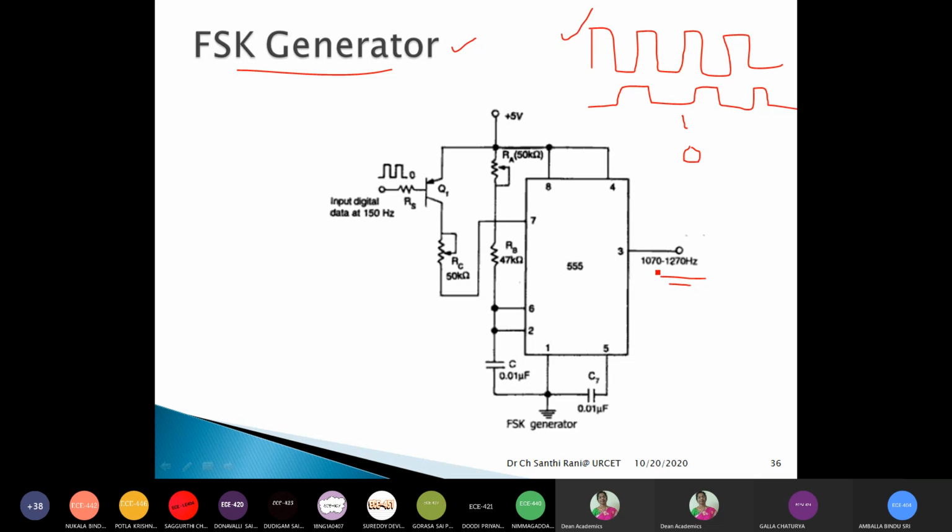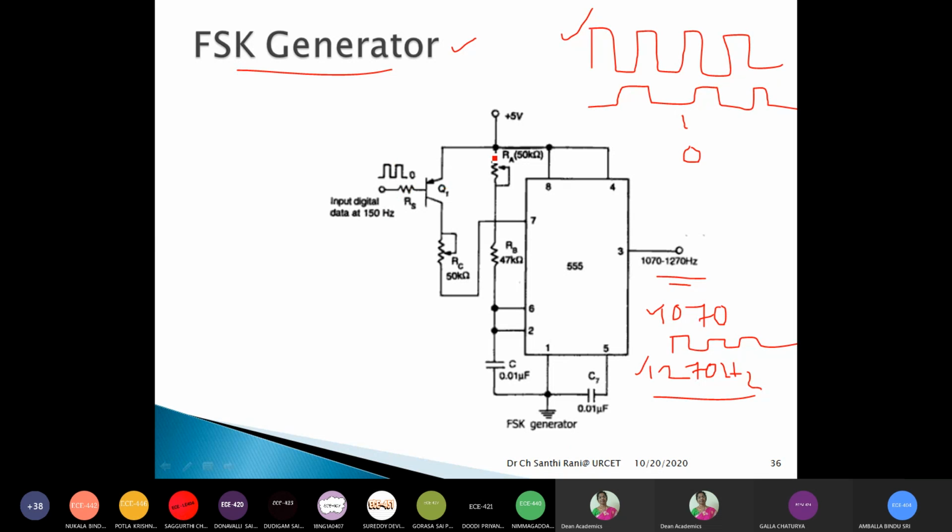So a 1070 hertz square wave should be generated from the output of this astable multivibrator. And from the same circuit we also want to generate 1270 hertz. How is it possible to generate these two frequencies from this astable multivibrator? We are going to see.